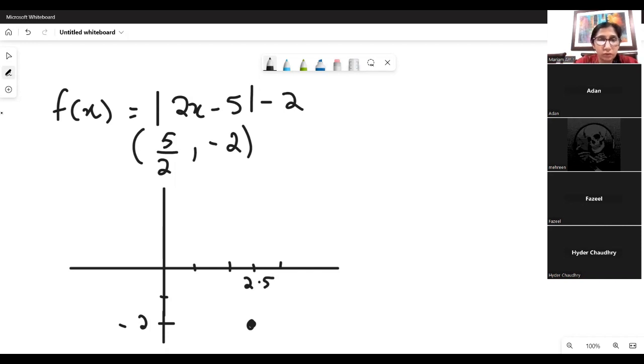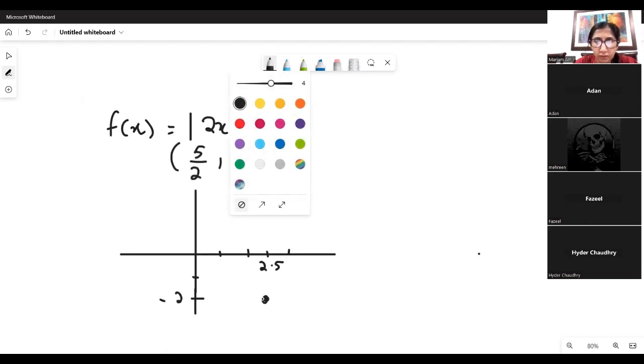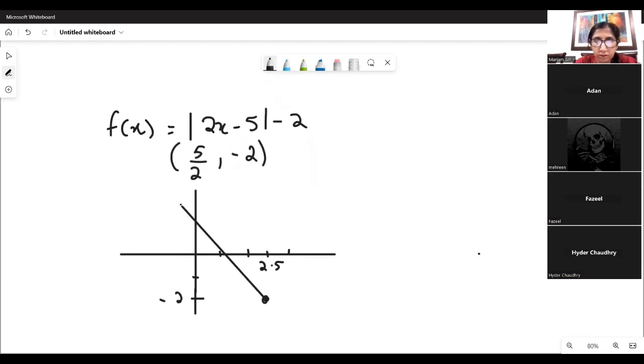Okay, so this would be the turning point. So roughly the graph will look something like this. Okay, let's see what its y intercept will be.